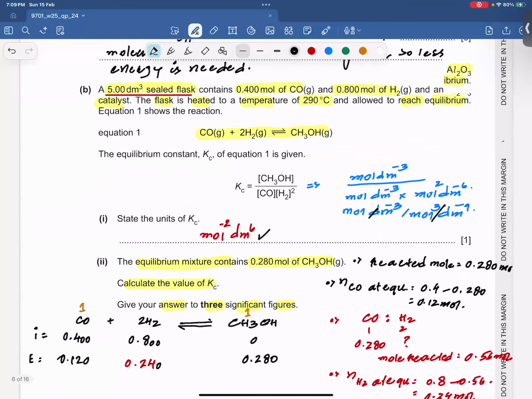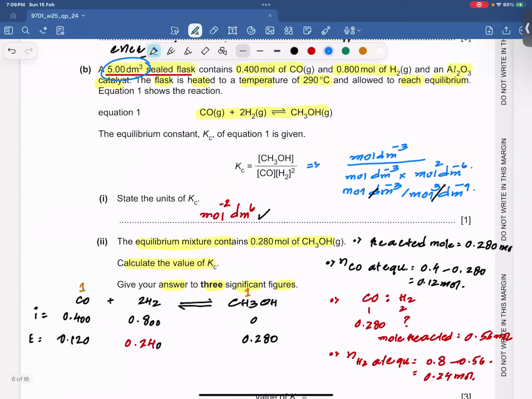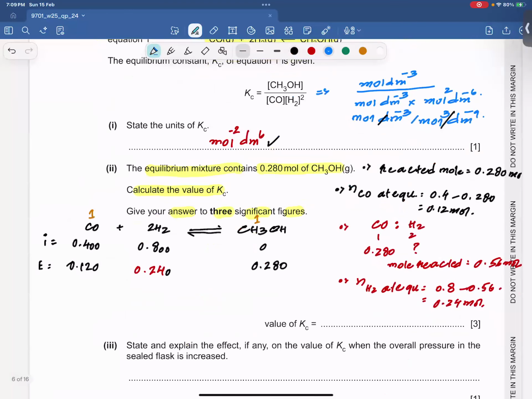Now, the volume is given in the question, which means I'm going to use this volume to get the concentration of each reactant and product.